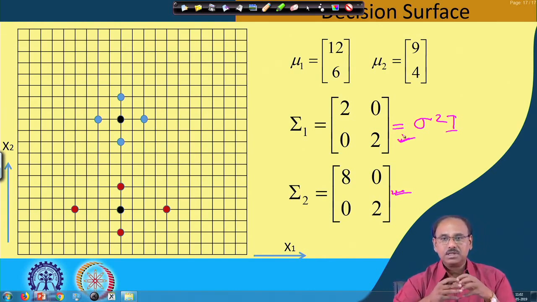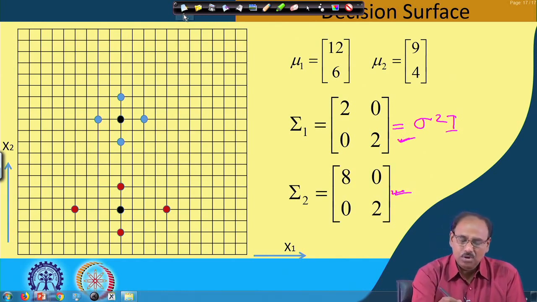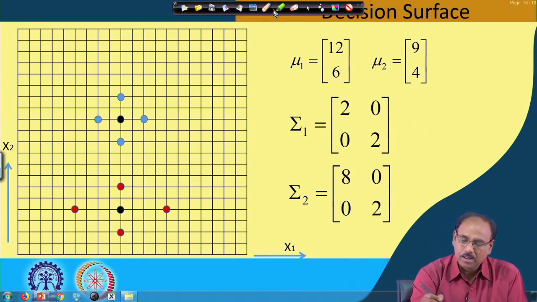To find out the decision surface between the two classes, I simply have to make g i x minus g j x and equate that to 0. And after equating that to 0, whatever I get becomes the decision surface.